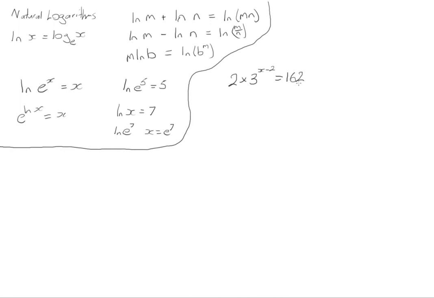So what is x in this case? Well, this is where we use logarithms to work it out. Let's have a look. First thing we're going to do is divide both sides by 2, so we can get just 3 to the power of x minus 2 by itself, and we'll end up over here with 81. So we're going to have 3 to the power of x minus 2 just equal to 81.